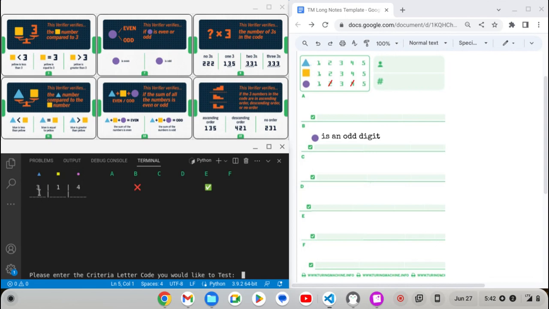Its sum is 3 plus 1 is 4, 4 plus 4 is 8. So my proposal sum is even. The Turing machine agrees with that. So let me go ahead and write that down in my notes for section E. That triangle plus square plus circle should be an even quantity.